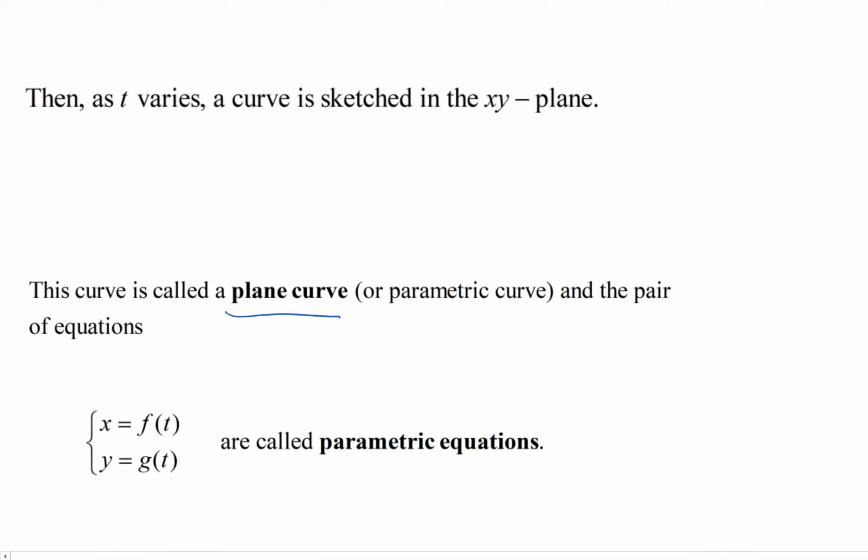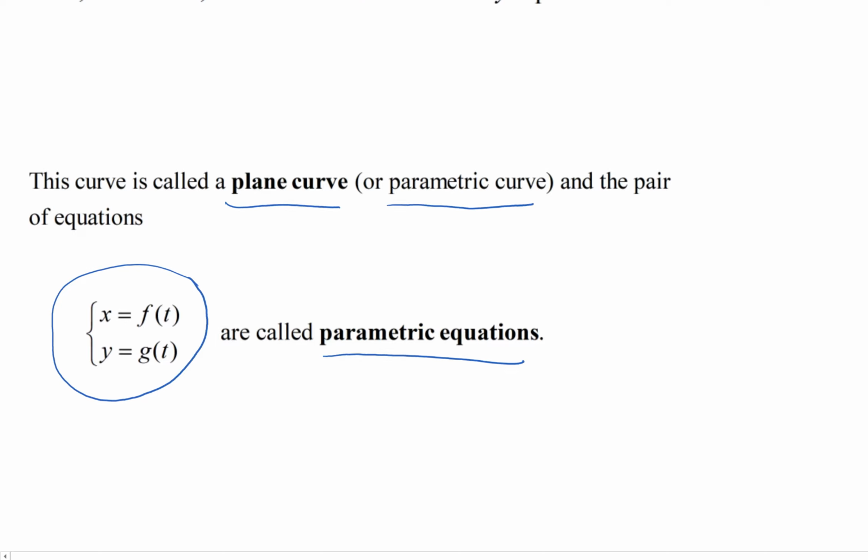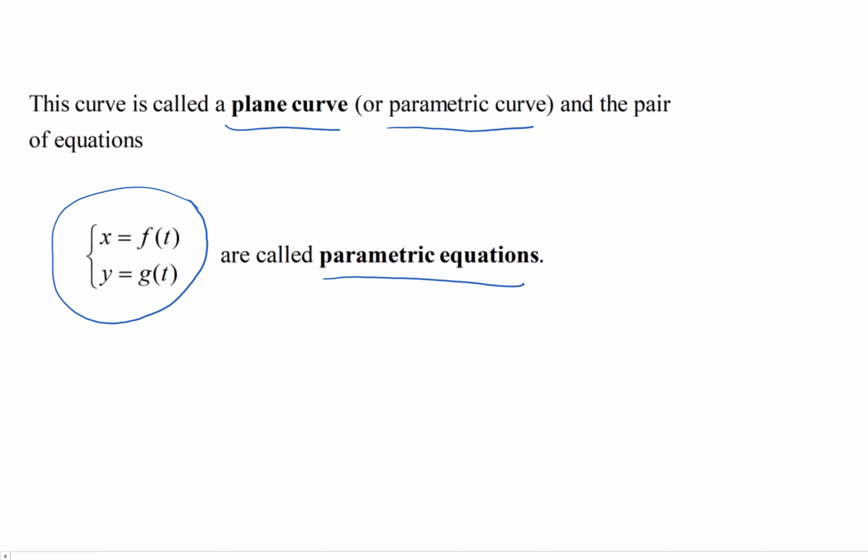So it's just a general curve in the plane, if you will, or, as I like to say, parametric curve. And this pair of equations, as we've described previously, x is a function of t, f of t, and y is a function of t, g of t, those two equations are what we refer to as parametric equations. So just kind of reminding ourselves of this right now.